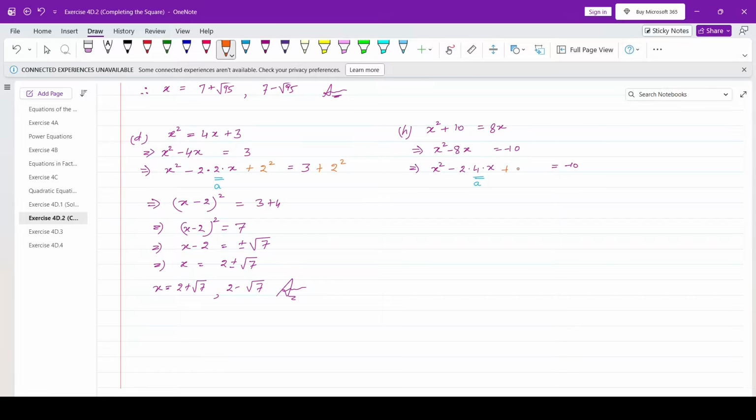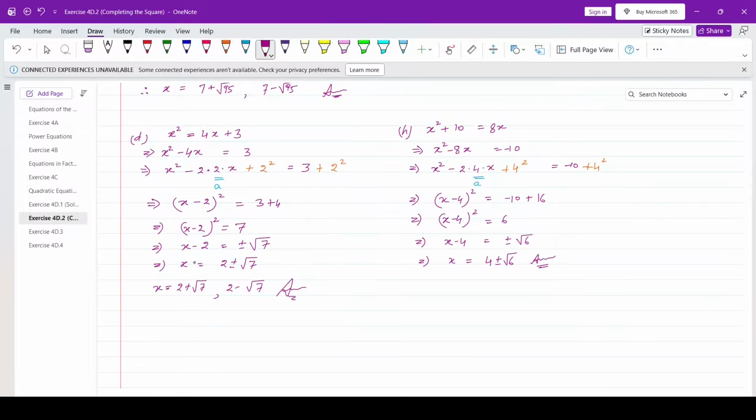Therefore, we can write plus a square, that is plus 4 square, on both sides. Hence this becomes x minus 4 whole square, and on this side we get negative 10 plus 16. That is x minus 4 whole square is equal to 6. And hence x minus 4 is equal to plus or minus root 6, and hence x is equal to 4 plus or minus root 6.